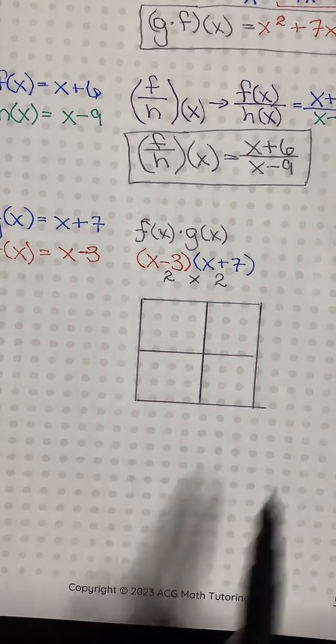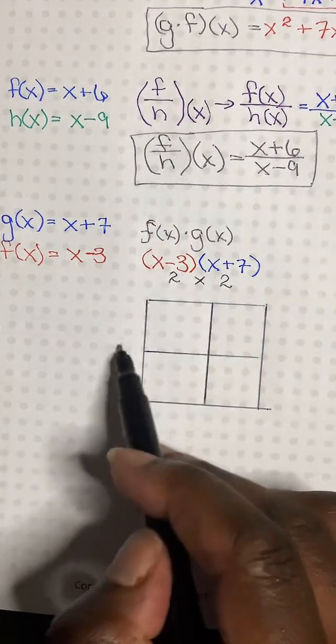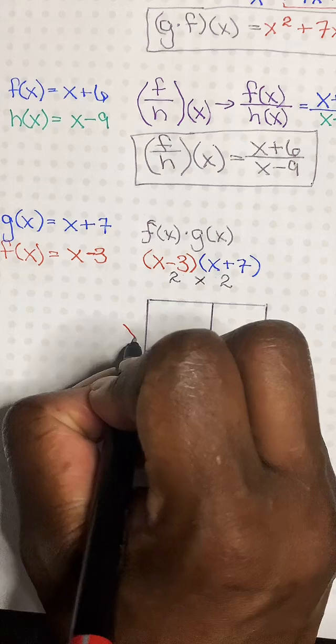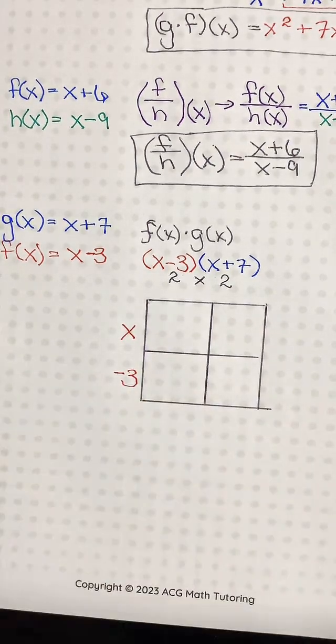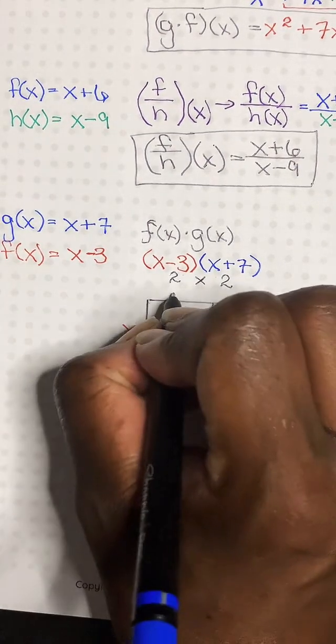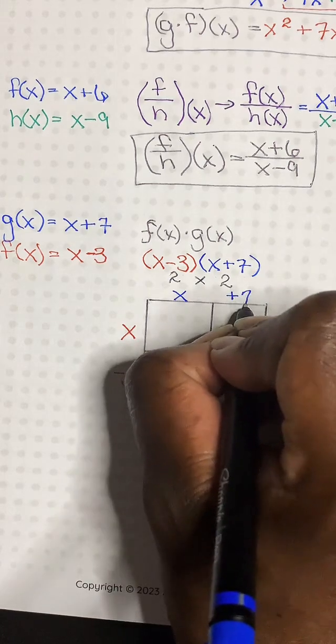All right. So now, you decide which one you want on the sides. I like to put my first one on the side. This is my x, this is my minus 3. Then I put my other parenthesis up top. This is my x, and this is my positive 7.